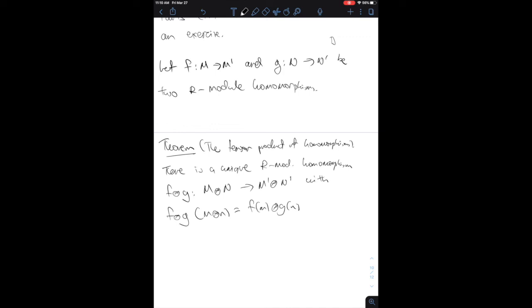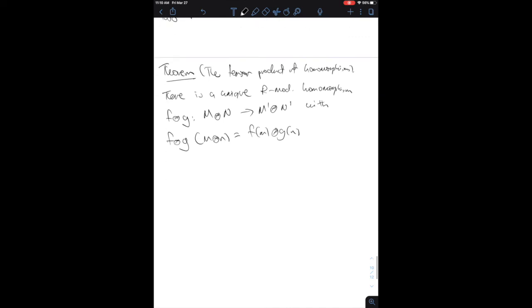So if I have two module homomorphisms, then I can take the tensor product of the homomorphisms to get a homomorphism between the tensor products.